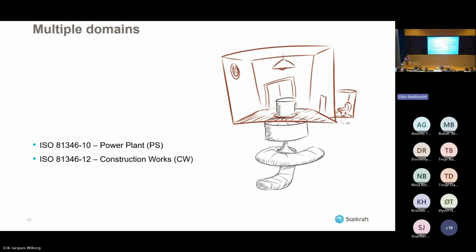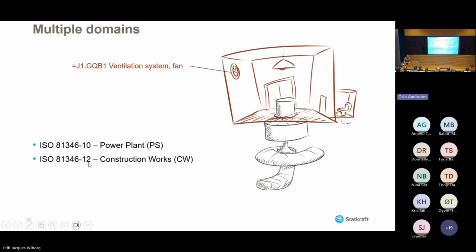So the power plant has a power system with the generator, the turbine, the draft tube, all power-related stuff, but around it, there's a building. And the building has its own codes. For the building we will be using the codes in part 12 instead of part 10.